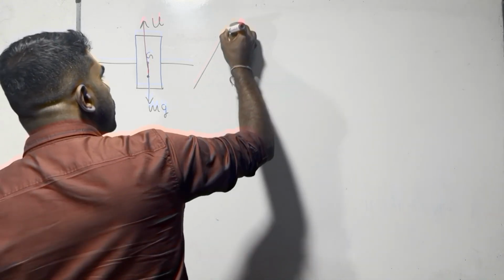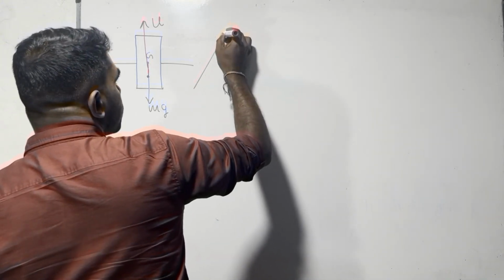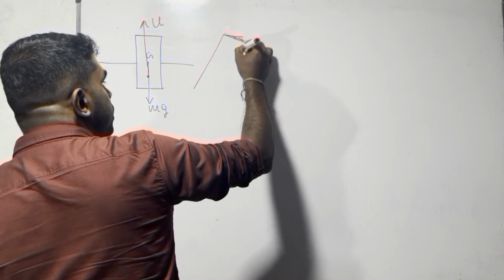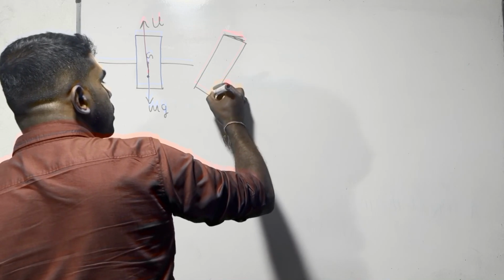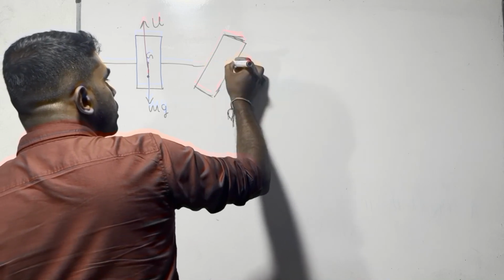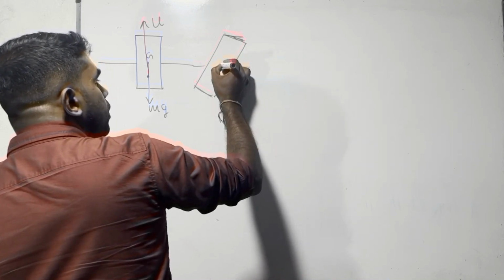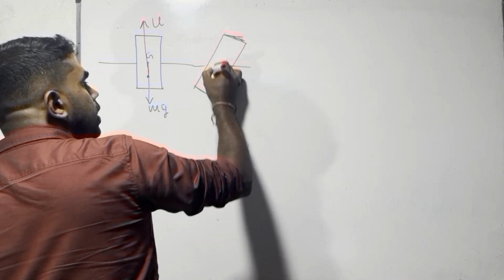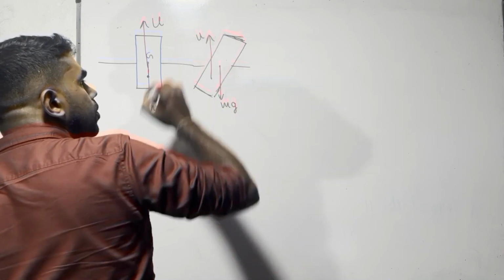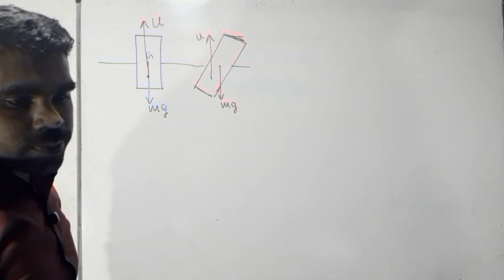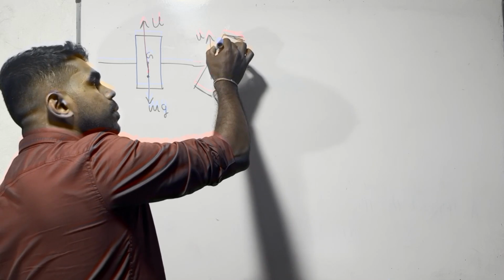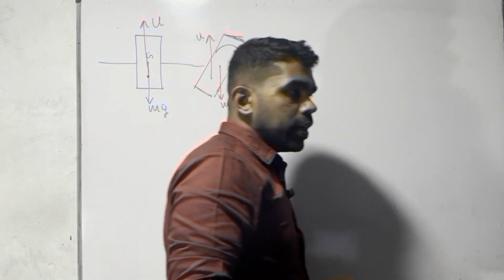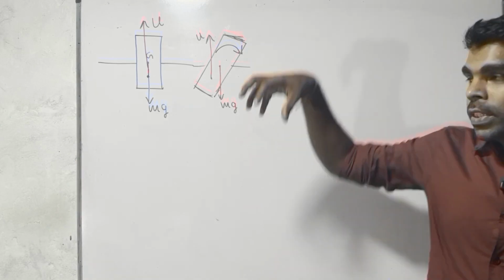Therefore, if the object is inclined like this, weight is in this action line and upthrust is in this action line. Therefore, it is trying to rotate. Then it is difficult to float vertically.